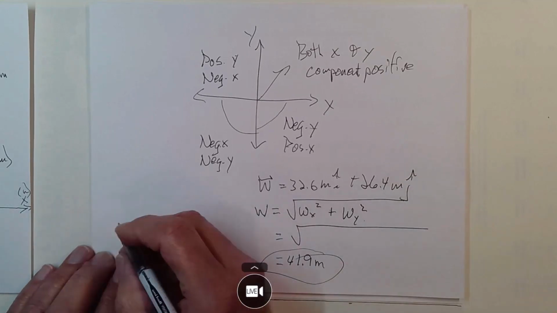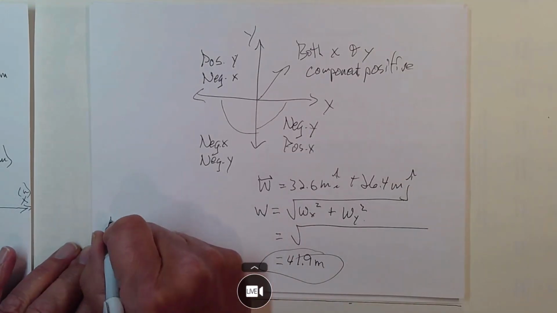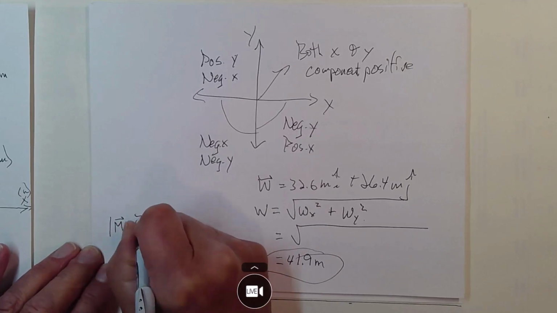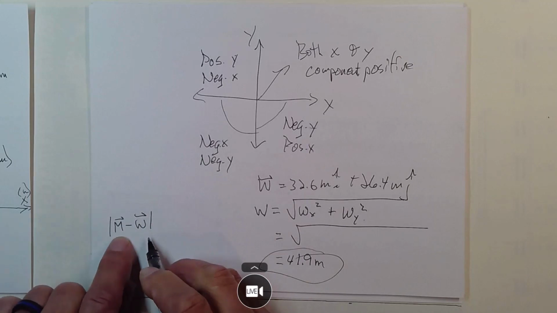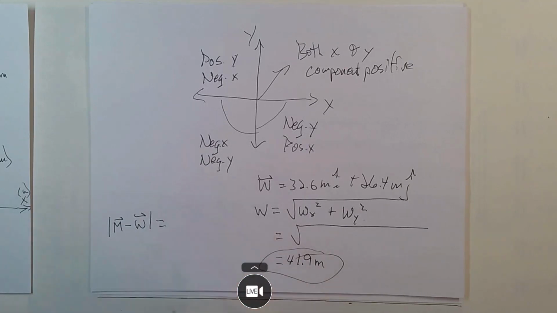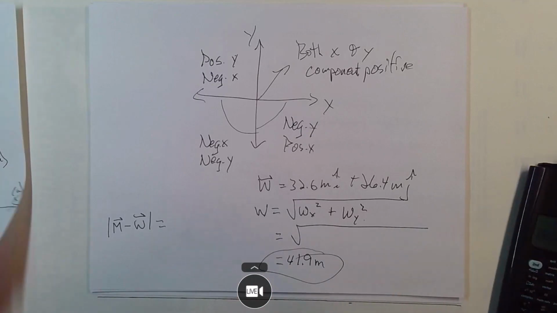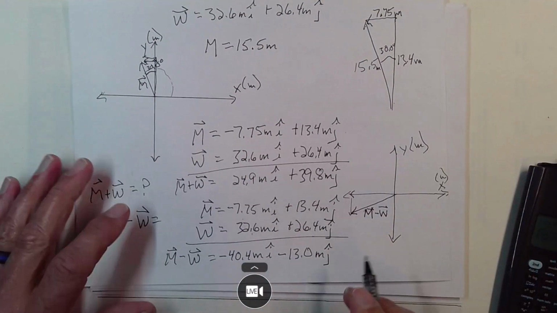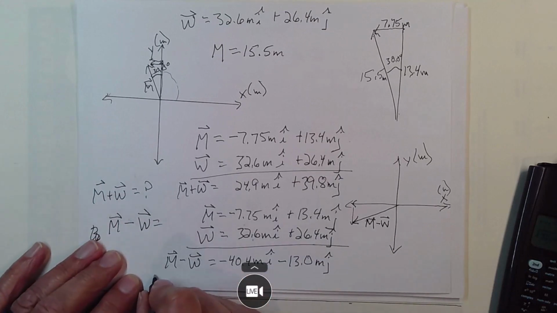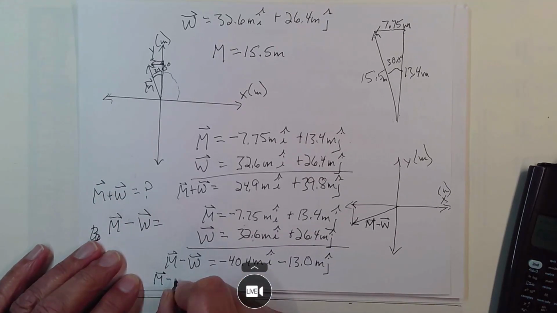But m minus w, the magnitude of m minus w. Now, I didn't make up a symbol to call m minus w yet, but that'll be the magnitude of this vector here. Well, I'll go ahead and write it out. M minus w.